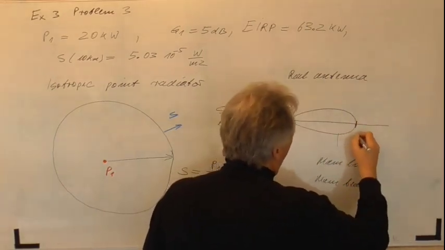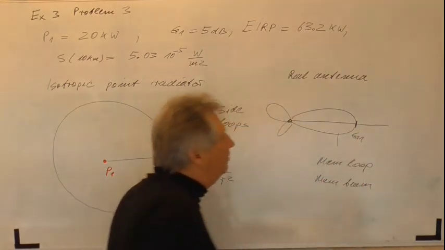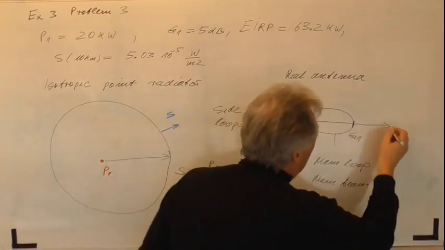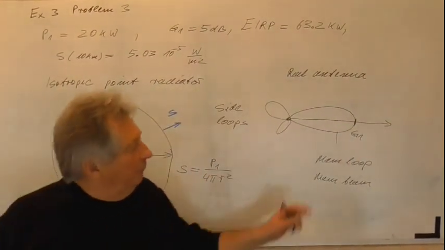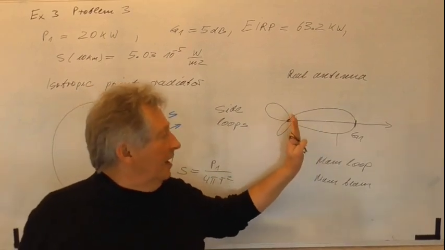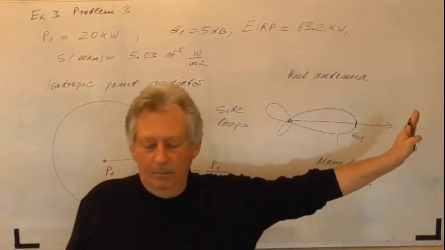And this is described by G1. So in the direction of the main beam, the antenna focuses the power which is radiated in that direction.